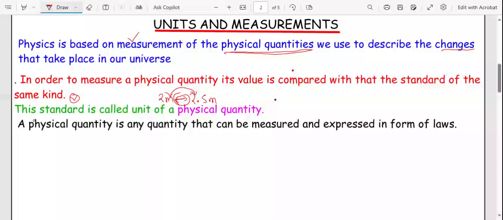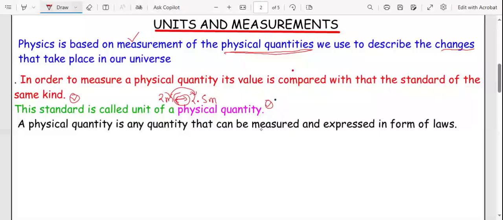So hence physics plays an important role in our environment. So this standard of the same kind is called the unit of a physical quantity.